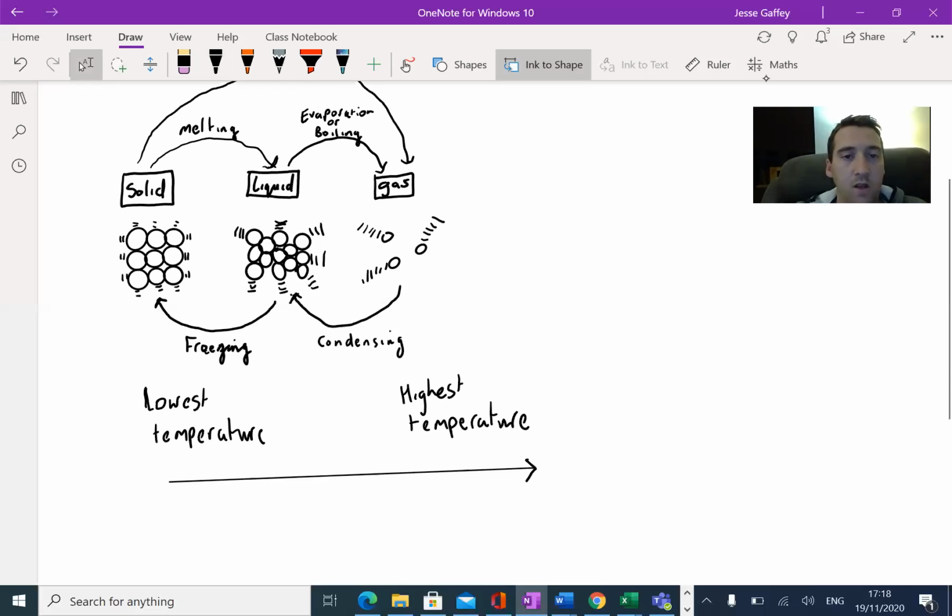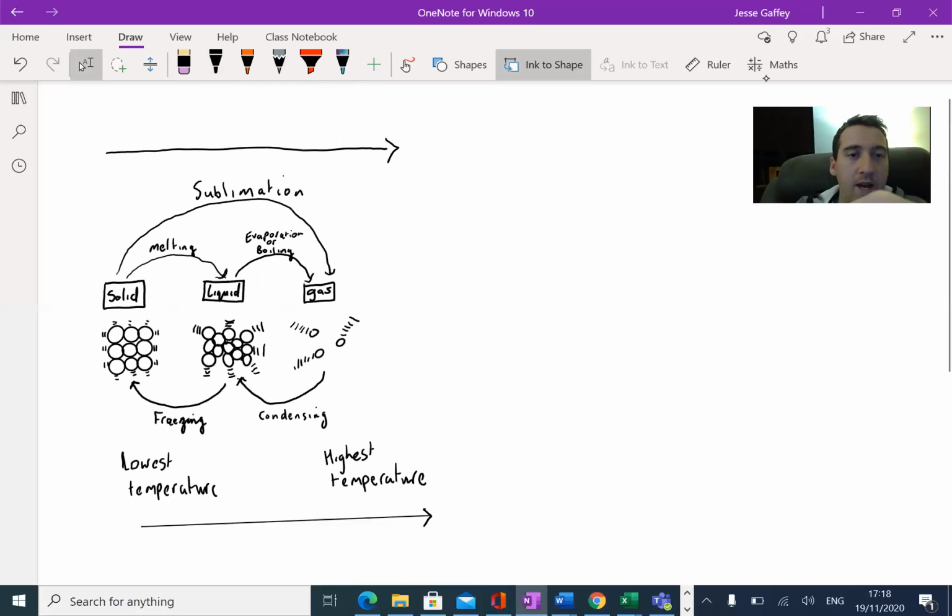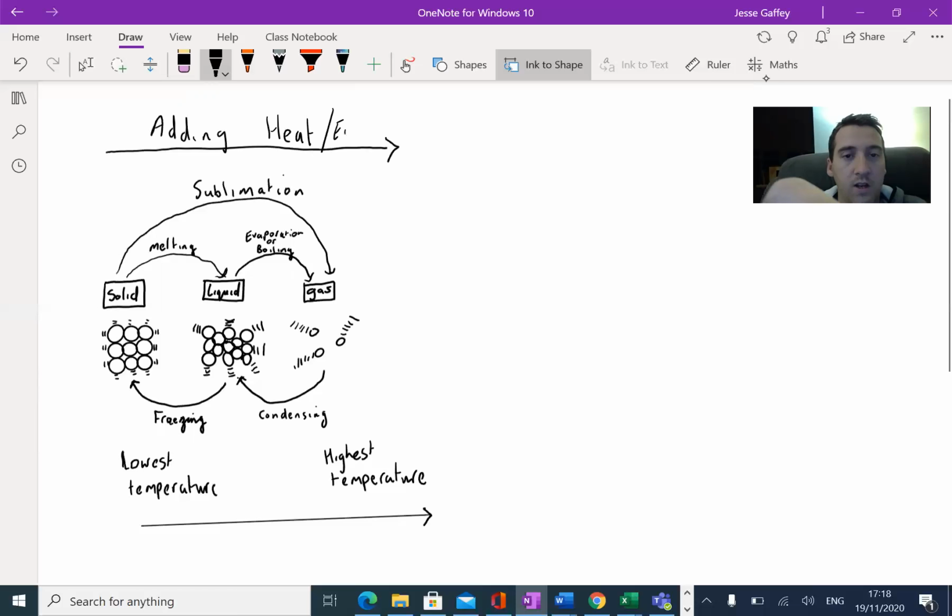Now, how do we do this? How do we increase temperature? Well, if we're going this direction, left to right, we will be adding heat, or adding energy. We do this using an energy transfer called heating.